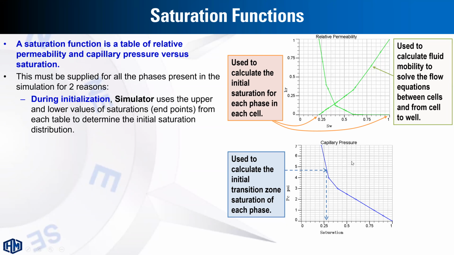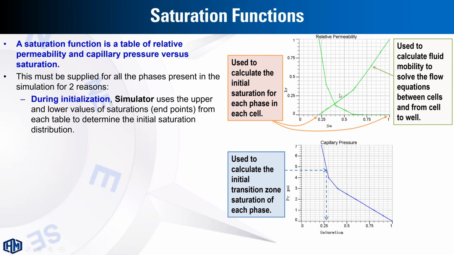Saturation functions mean relationships against water saturation, like the capillary pressure curve, KRO and KRW against water saturation. These endpoints will be used to calculate the initial saturation for each phase in each grid block.